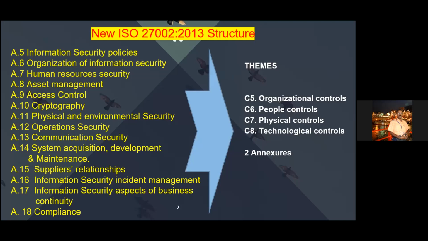Second is people controls, for the security of information with respect to people's exposure to information in any organization. Third is physical security controls. And fourth is technical controls. Apart from these 4 themes, this new document also gives 2 annexes to support the understanding of this new revision.